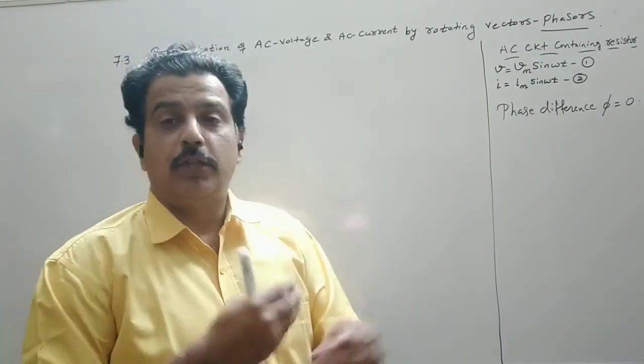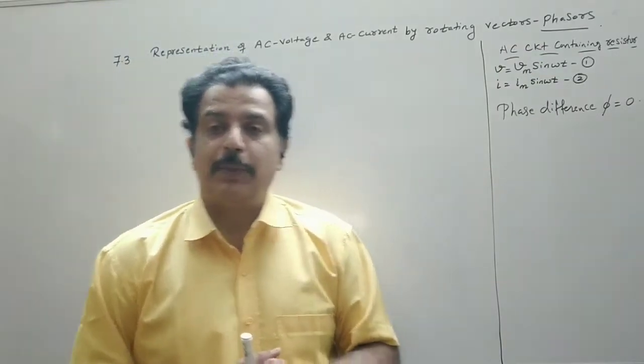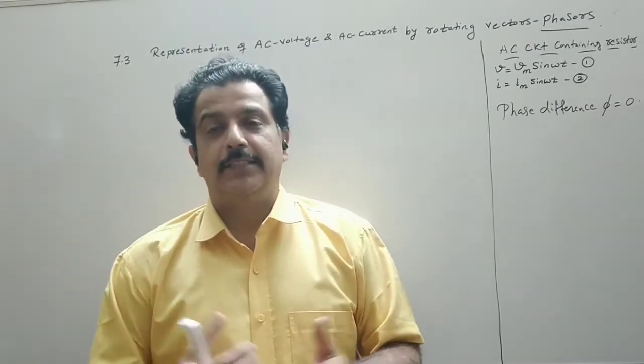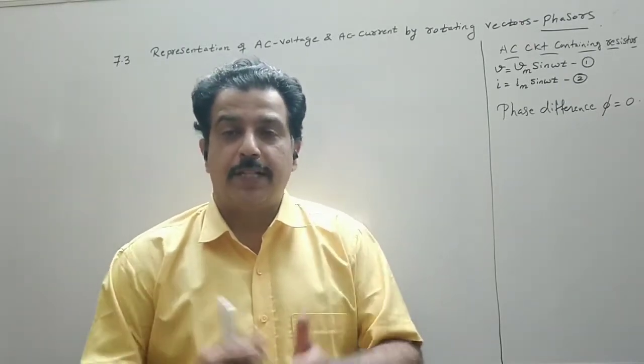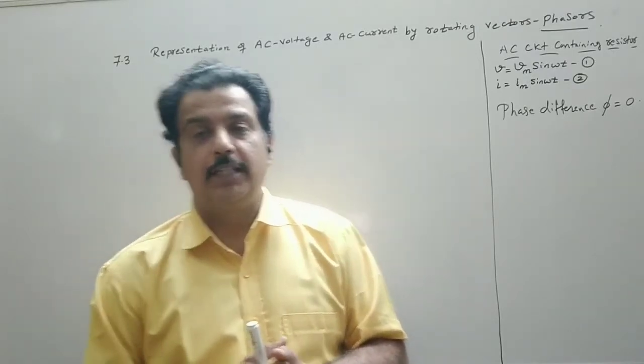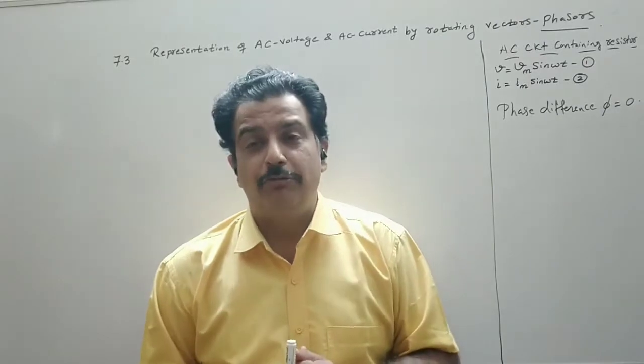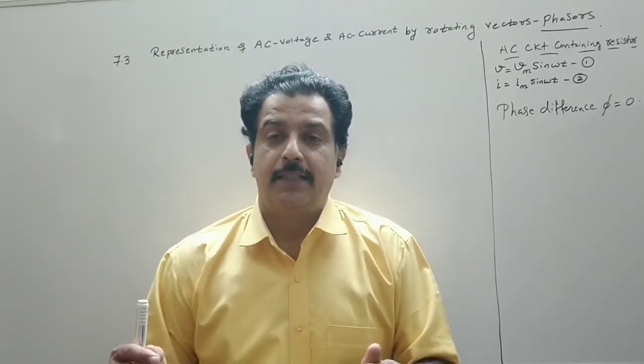So their value keeps on changing with respect to time. As well, their direction also changes. That is, their polarity also changes, because the range of the sine or cosine function is from -1 to +1. So the behavior of this V and I is that of vectors.